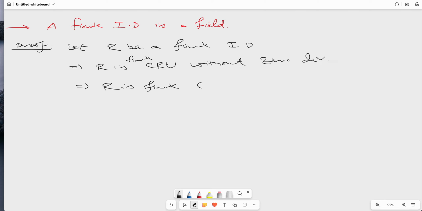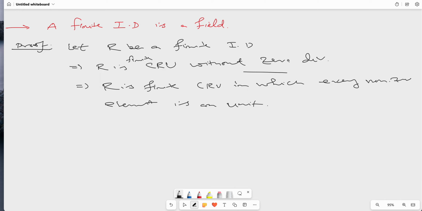A finite CRU in which every non-zero element is a unit, because every non-zero element is either a zero divisor or a unit. Since it is not a zero divisor, it should be a unit, right?